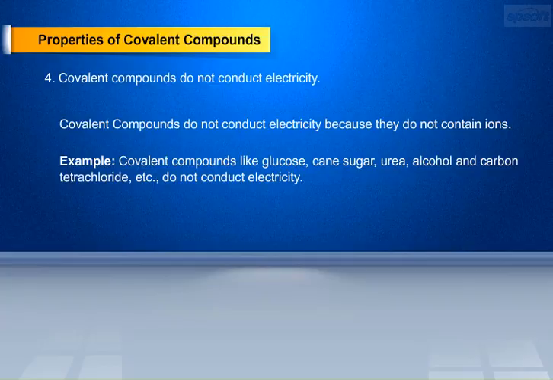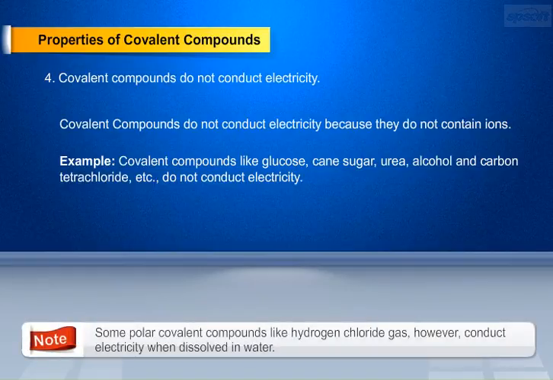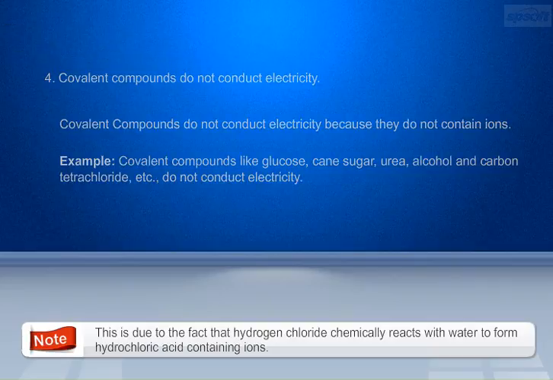For example, covalent compounds like glucose, cane sugar, urea, alcohol, carbon tetrachloride, etc., do not conduct electricity. Let us note that some polar covalent compounds like hydrogen chloride gas, however, conduct electricity when dissolved in water. This is due to the fact that hydrogen chloride chemically reacts with water to form hydrochloric acid containing ions.